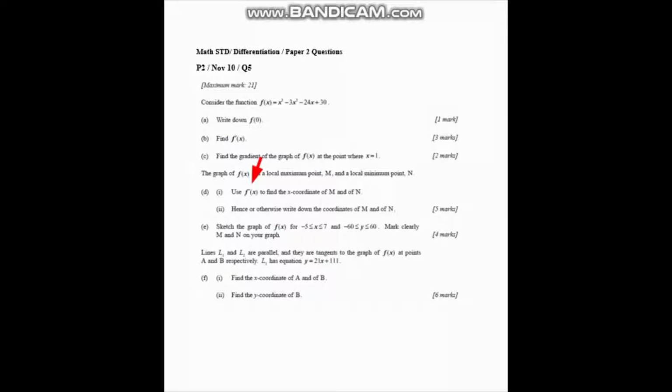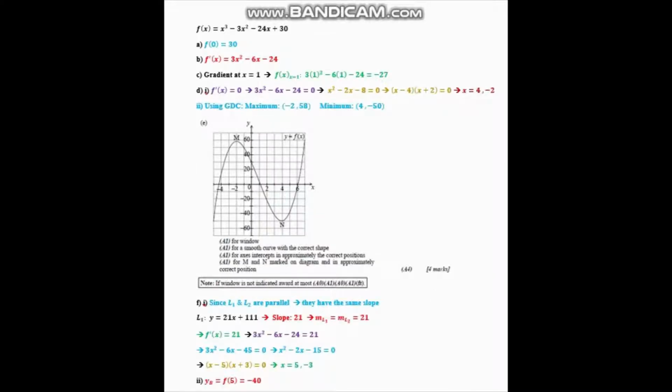So in order to find these x coordinates, I shall set f dash of x to 0. So since f dash of x equals 0, then 3x squared minus 6x minus 24 equals 0. You can divide all of the terms on the left and on the right by 3, getting x squared minus 2x minus 8 equals 0.